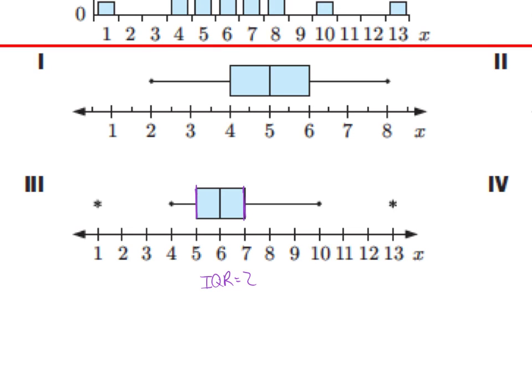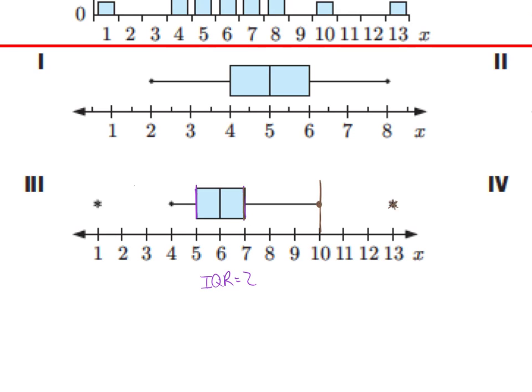So 1.5 times that is 3. Think with me here. I go 7 up 3. Look at that, this one point right here was right on the boundary, but this one out here was actually past it, so that's an outlier.